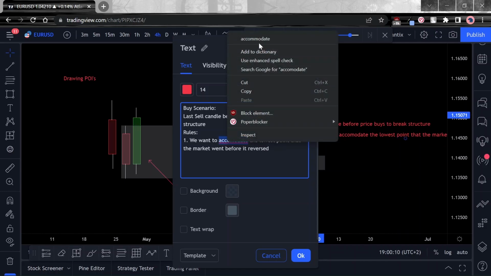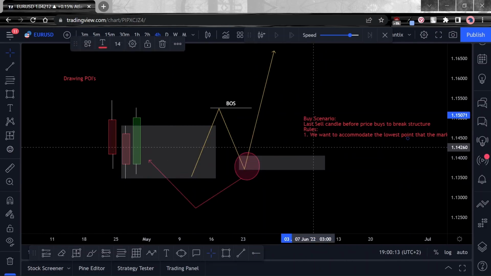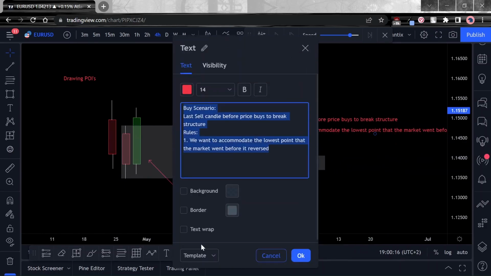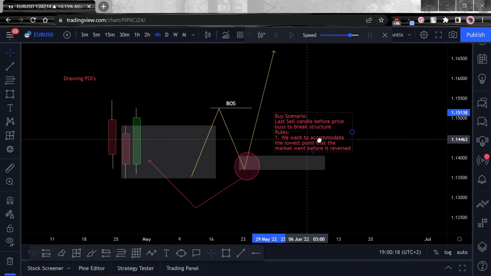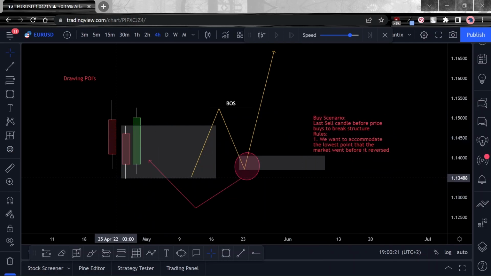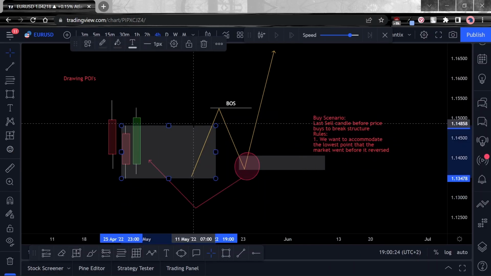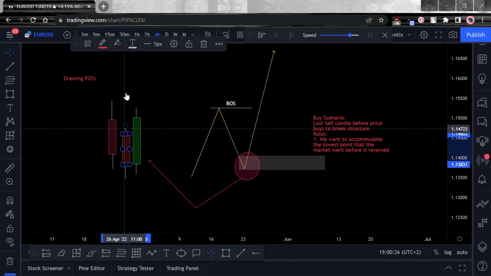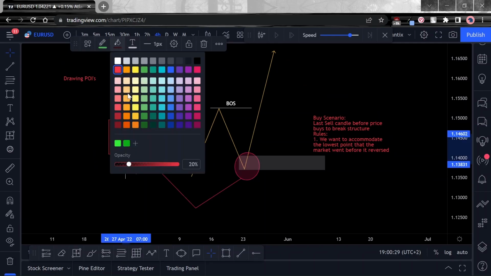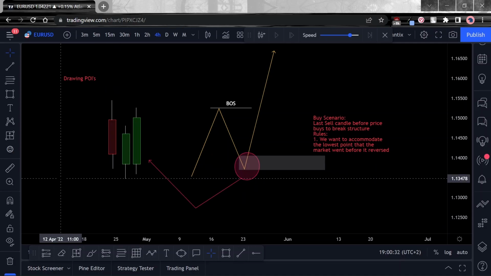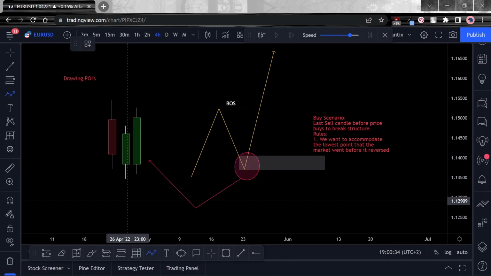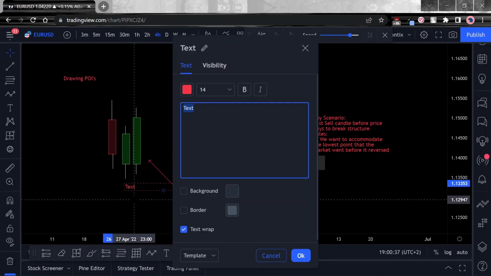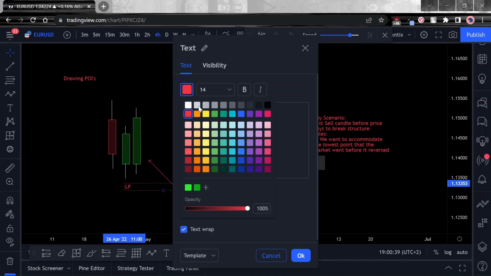Forgive my spellings. So we want to accommodate the last point that the price went before it reversed. Okay, what do we mean by that? It means that sometimes this might be a green candle, right, like this. So the lowest point, let's just type LP, will obviously be over there.